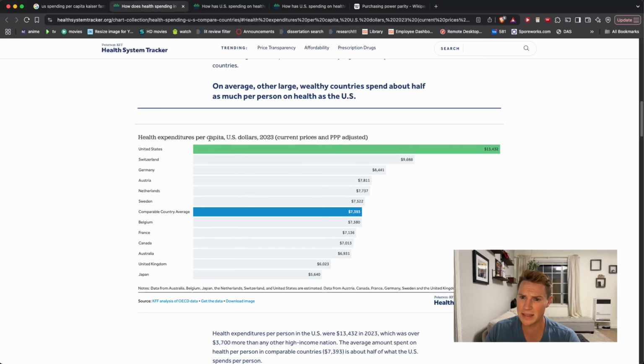The United States healthcare per capita is $13,432 per person per year in 2023. Comparable country averages are almost half. With Switzerland trying to creep up on us, but they're not even coming close.